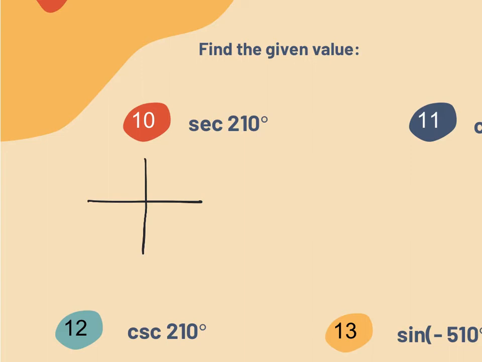I'm going to first come around here. It's a positive, so I'm going to go counterclockwise. So I'm going to go 90 degrees, then another 90 gets me to 180, and then to get to 210 degrees, I've got to go 30 degrees more. So this is a graphed angle that's 210 degrees.